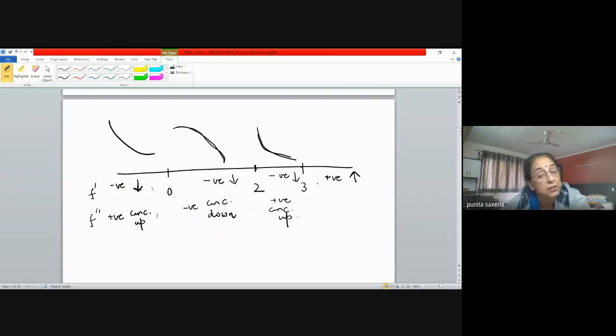See, 3 is not a point of inflection. ठीक है ना? 2 was a point of inflection. 2 के बाद concavity change हुई, but 3 के बाद concavity same है. So that means it's still concave up. Okay. अब increasing मतलब from down to up.